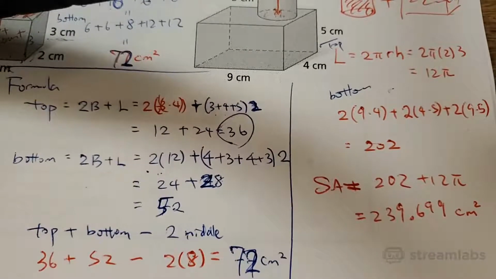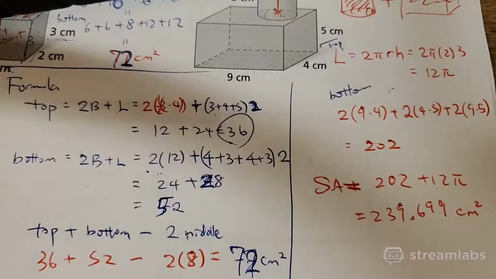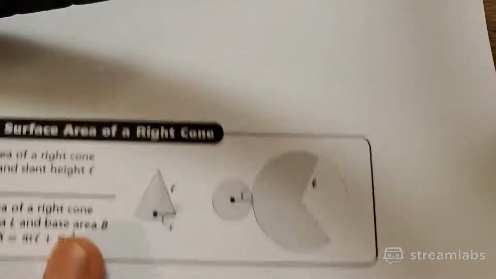So adding faces is usually just more straightforward. Formula, because you have to account for the overlapping area, is just much harder. Okay, so composite figures, usually I like to just add the faces together. Just count each individual face for the most part.